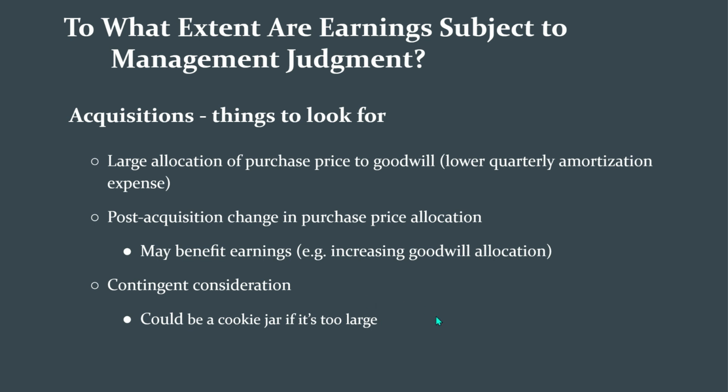So a company might intentionally make this contingent consideration too large, knowing that the target will not be met, and then it can reverse it in the future and boost the company's earnings. And as I mentioned, post-acquisition changes in contingent consideration may benefit earnings.